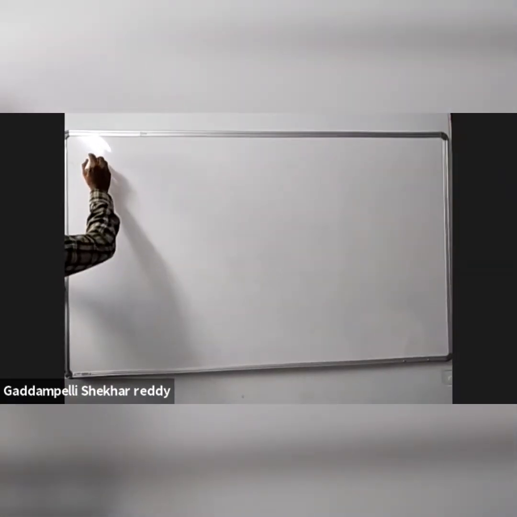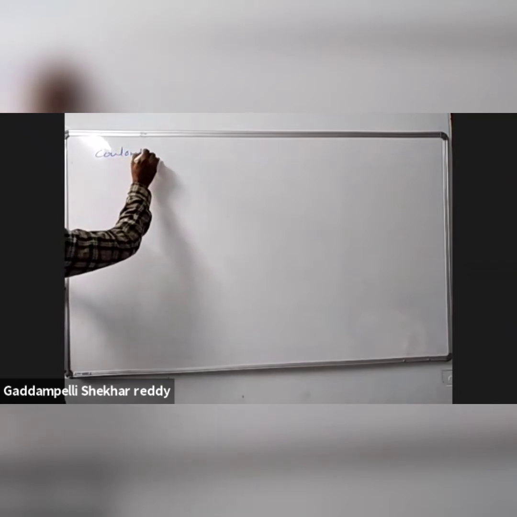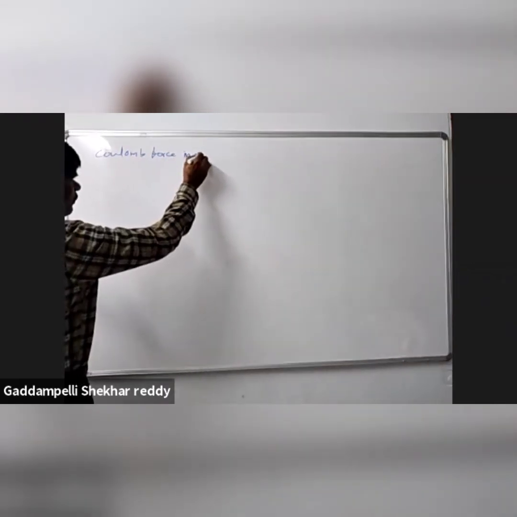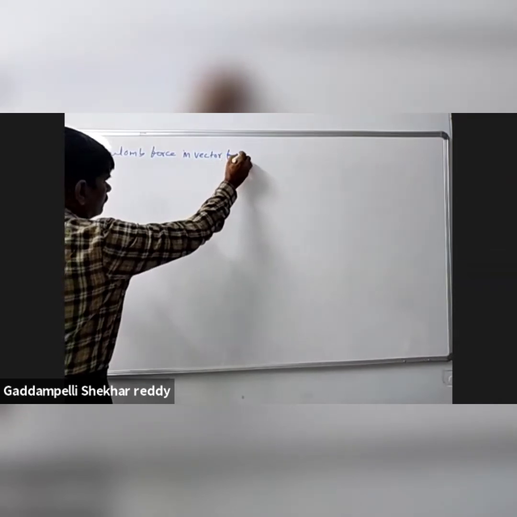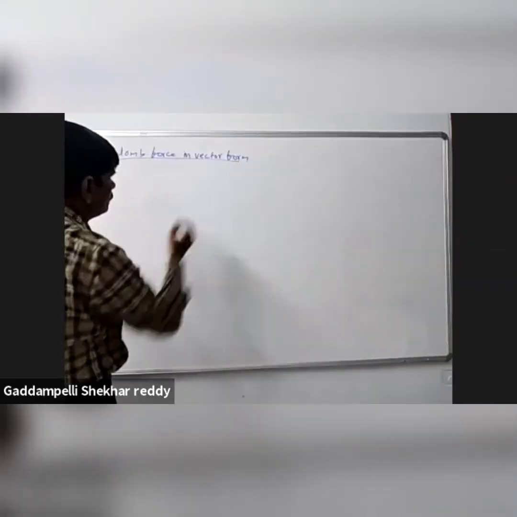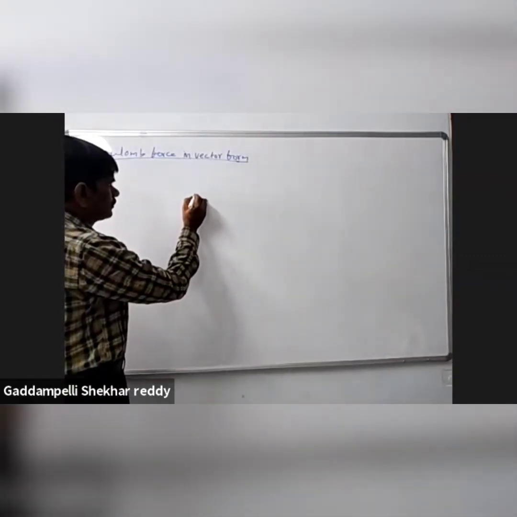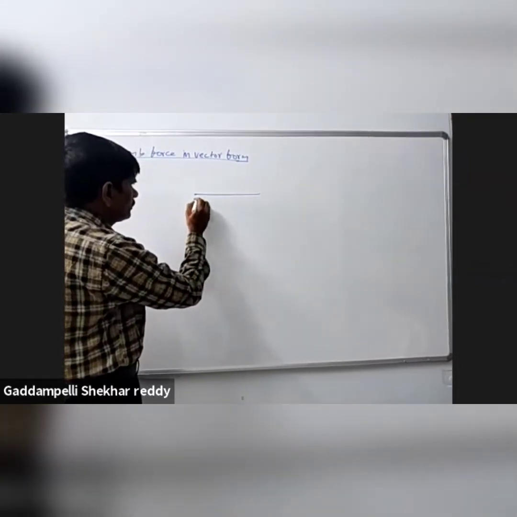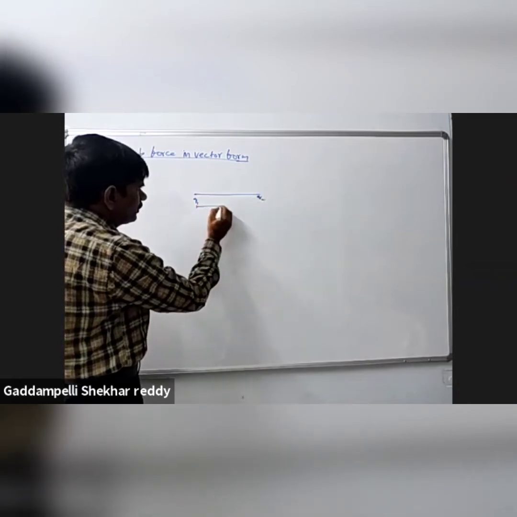Now, Coulomb force in vector form. Take two point charges Q1 and Q2 separated by a certain distance.